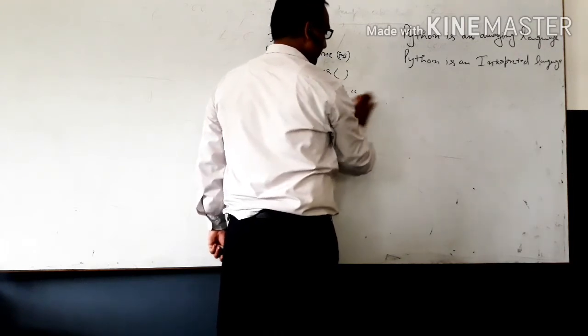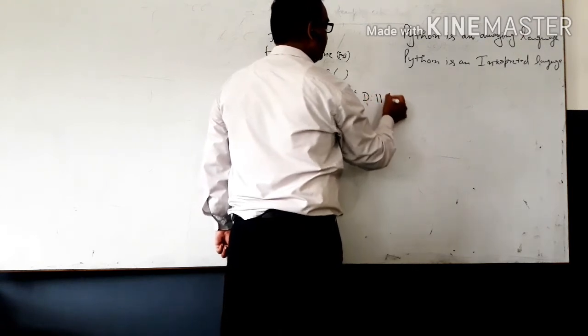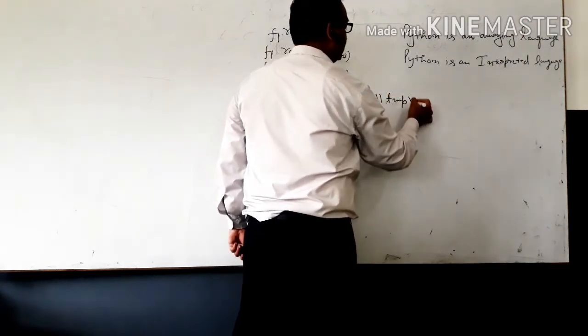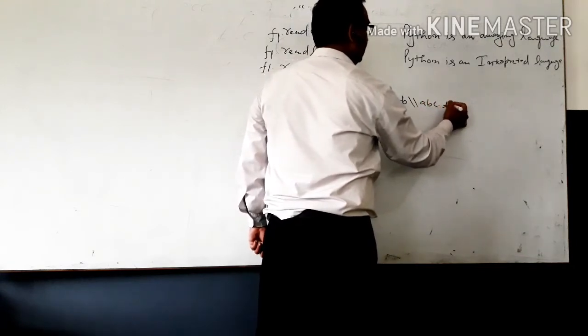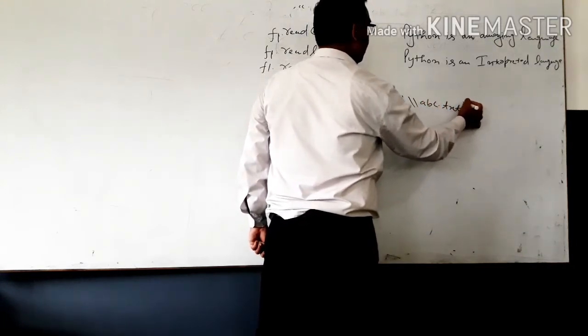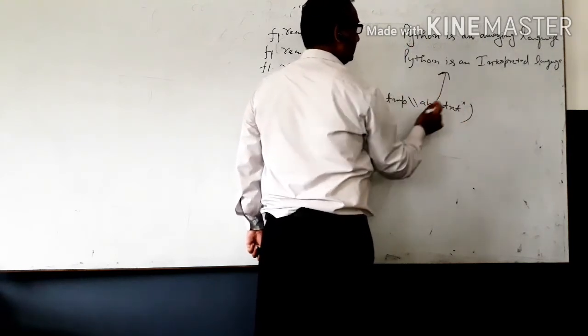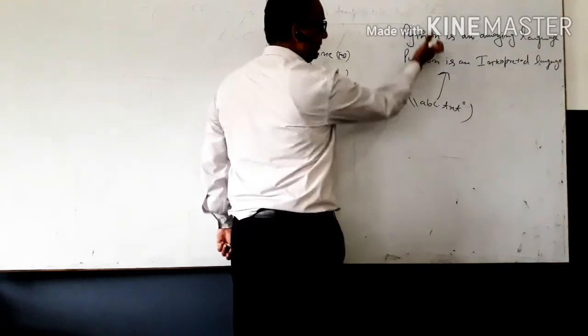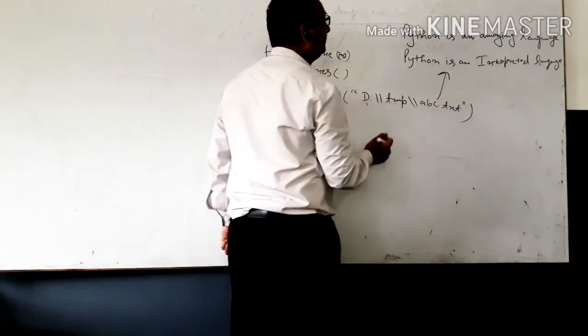You can write the URL also, whatever path you want to mention, D colon slash temp slash abc dot txt. In notepad you can write some information. This abc file contains this information, written in notepad using the file name abc.txt.